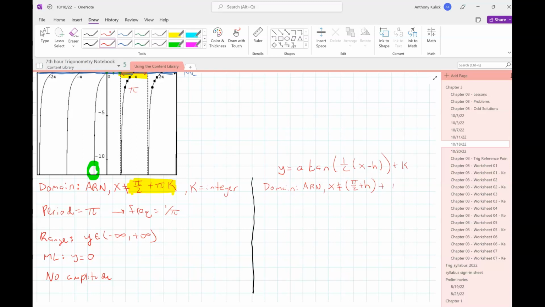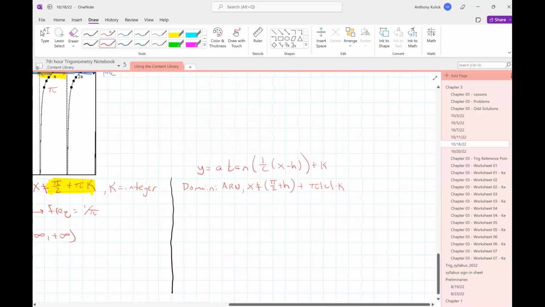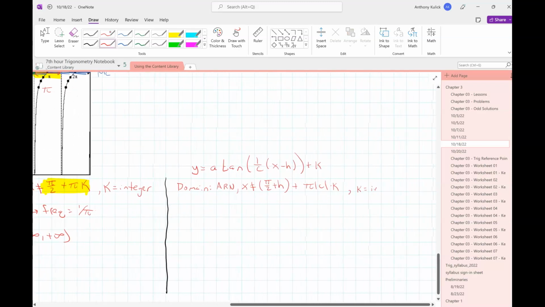And then if we horizontally stretch or shrink our graph, that'll change the distance between the asymptotes. And remember, the distance between the asymptotes was the same as the period. So the period just should be pi over c.